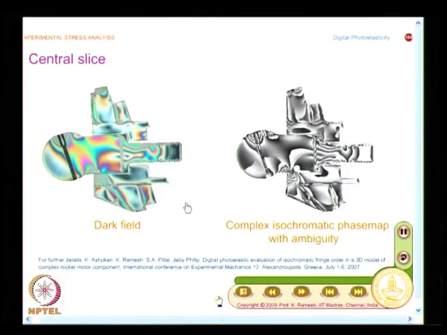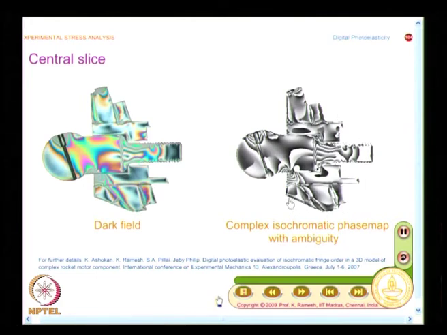So, now you can do a 3D finite element analysis as well as 3-dimensional photoelastic analysis starting from the same CAD model. That way you have a combination of experimental and numerical approach to solve very complex problems. People have solved such complex problems, and that is why this technique is very popular. I am sure some of you have taken down this fringe pattern, and this shows what you have as a phase map.